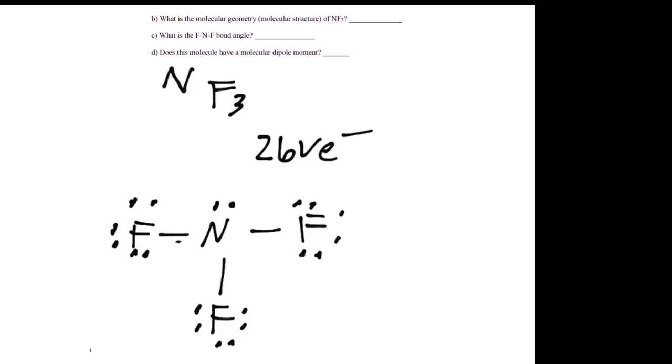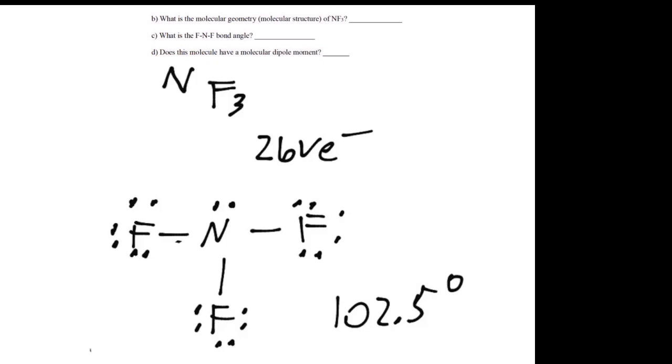If you look in your table, you'll be able to see that when you have 3 bonded atoms and 1 lone pair, the shape is trigonal pyramidal. That is the name of the shape. Trigonal pyramidal. And the F-N-F bond angles, all the bond angles in a trigonal pyramidal, are 102.5 degrees.